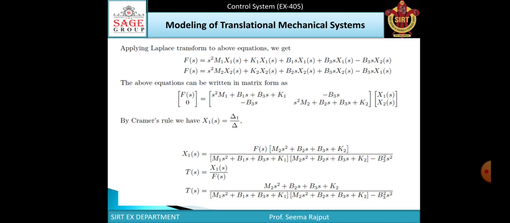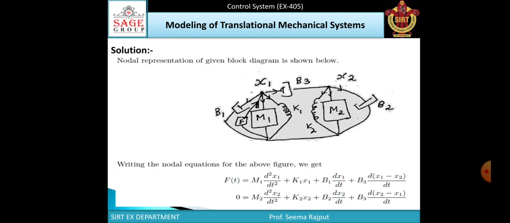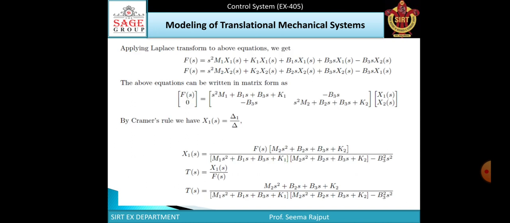In the x2 equation, F(s) is not there, F(s) is 0, so 0 equal to s² m2 X2(s) plus k2 X2(s) plus b2 s X2(s) plus b3 s X2(s) minus b3 s X1(s).